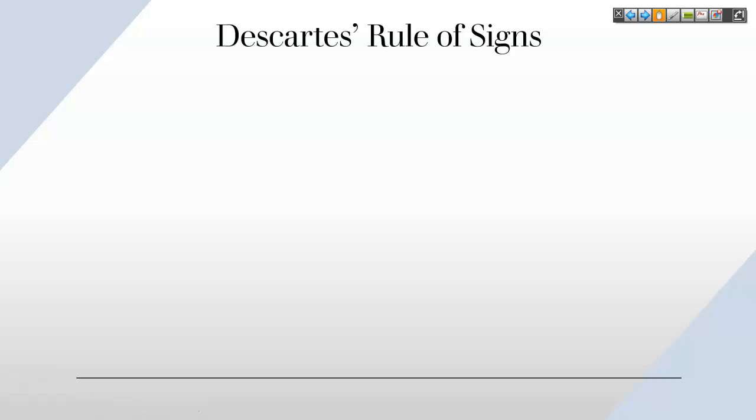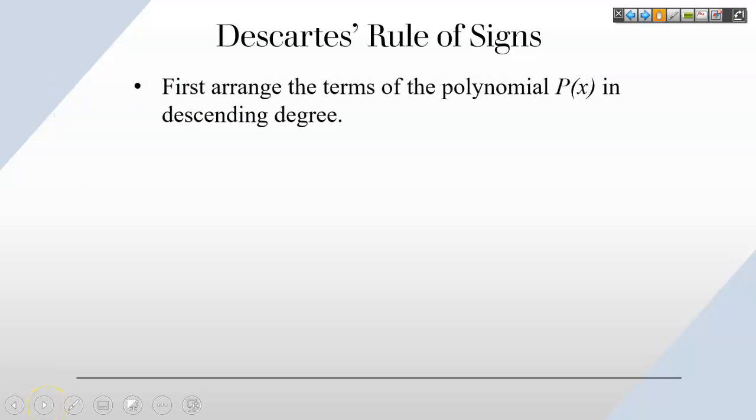So there is a cheat for being able to determine the number of real and imaginary roots. That is known as Descartes' rule of signs. The rule of signs says that first all terms must be in descending degree.